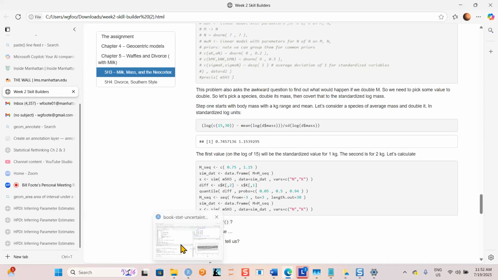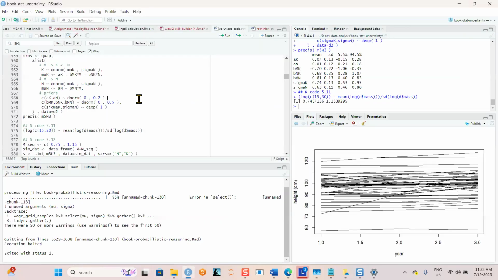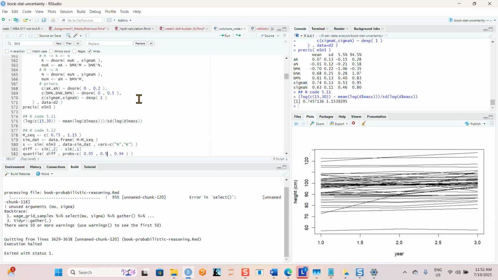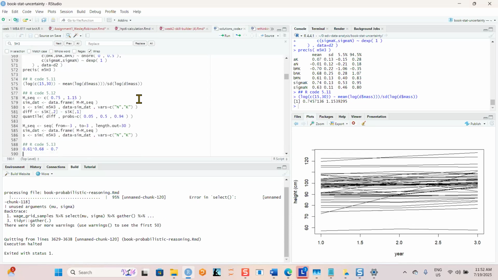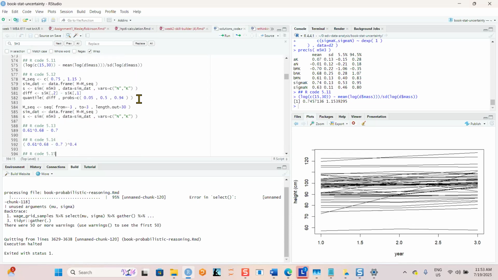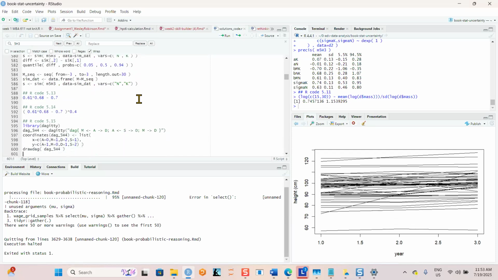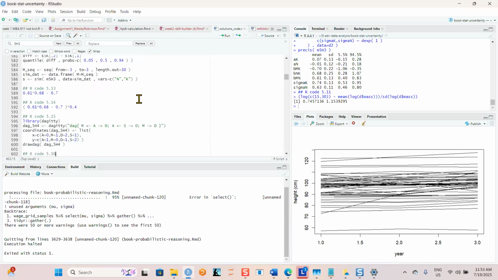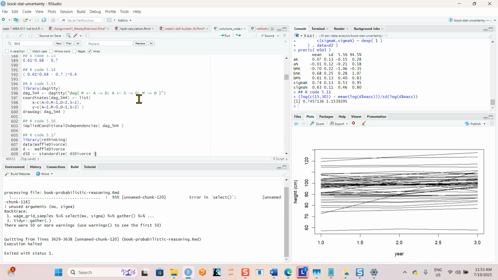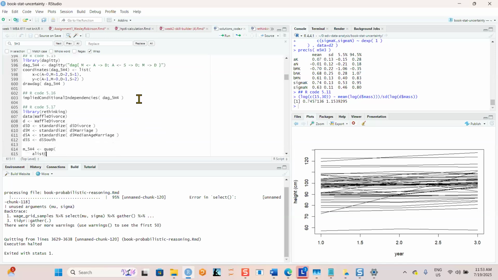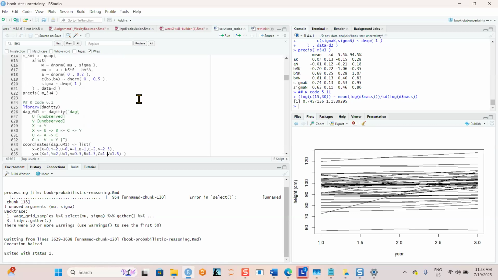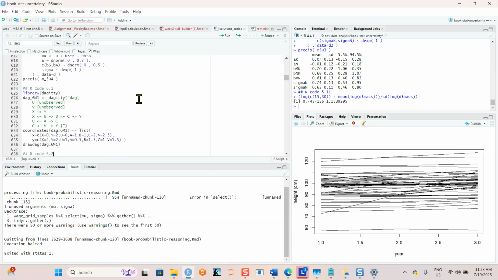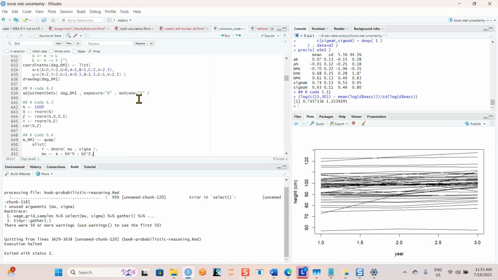Okay, let's go back to this. Here's the code in 5.12. This is the divorce piece here, and marriage and waffle houses, waffles and divorce. But again, it's going to follow much the same idea, where we're going to do some DAGs, and we'll do that in a separate segment.